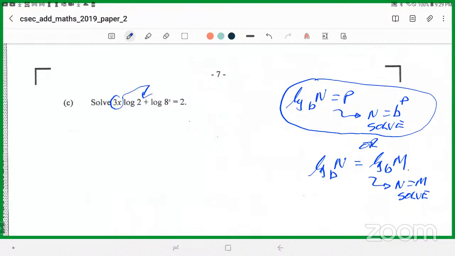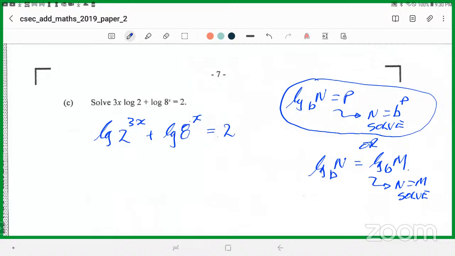There are many ways to do it because I can break this 8 as well and put it as 2 cubed. But I'm going to use the approach where I move this 3 and put it up here, the 3 squared. So I end up getting log of 2 to the 3 to the 3x, because the power comes up here, plus the log of 8 to the x equals 2.